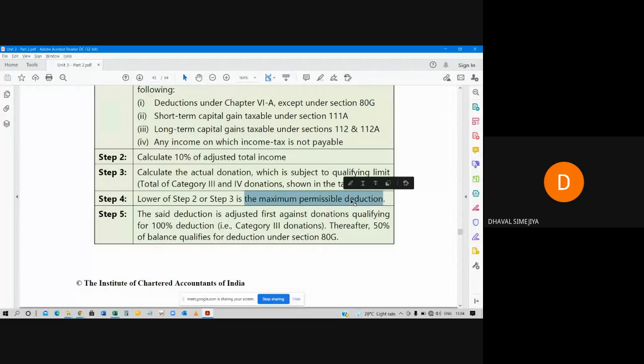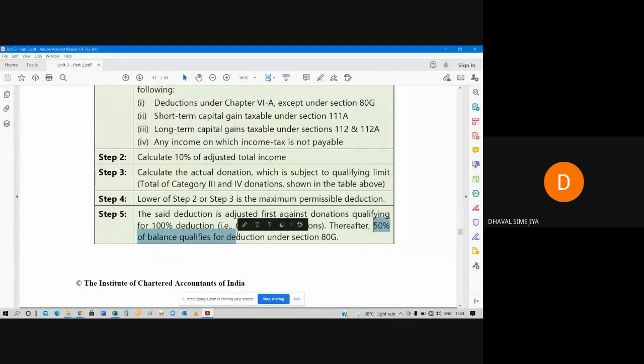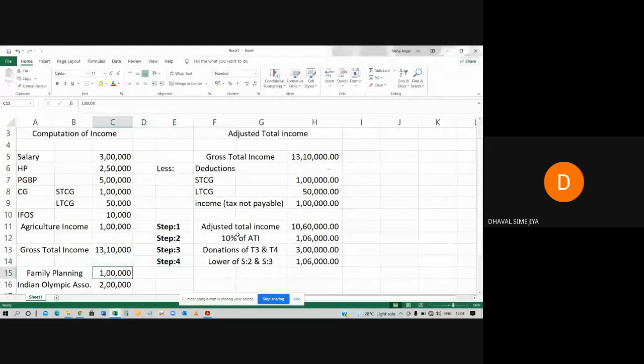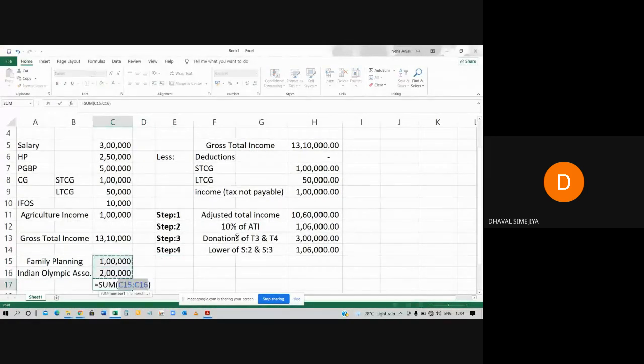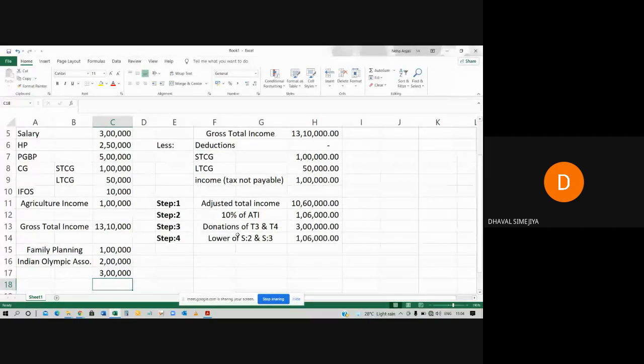Now, the said deduction is adjusted first against donations qualifying for 100% deduction and thereafter 50% deduction under section 80G. Now, even though we donated 3 lakh rupees, we are allowed only 1 lakh 6,000 rupees. 1 lakh 6,000 rupees will be allowed. Okay, no problem.